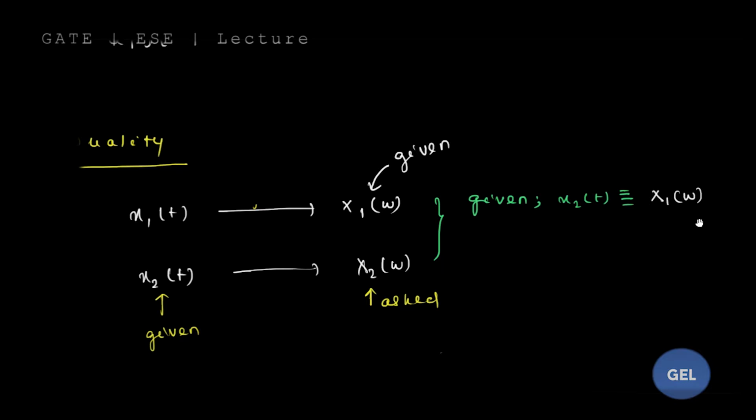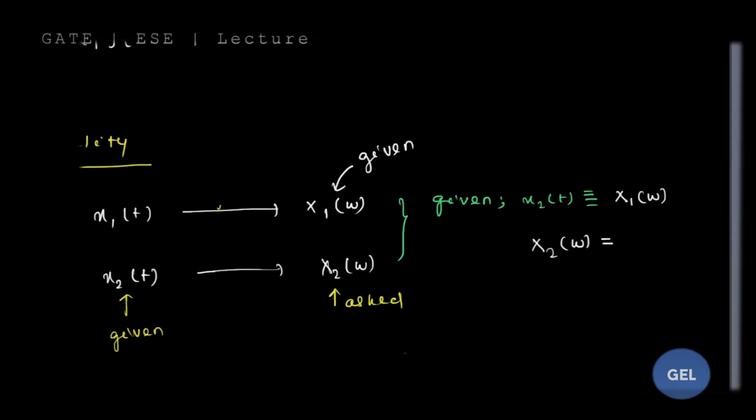Now if you have an x2(t) which shows a resemblance or similarity with x1(omega), then the x2(omega) that we need to find will be nothing but 2 pi into x1(t), where t is replaced by minus omega.